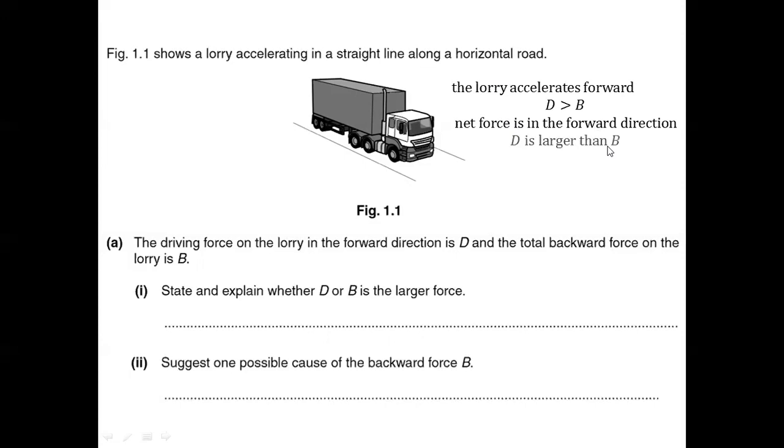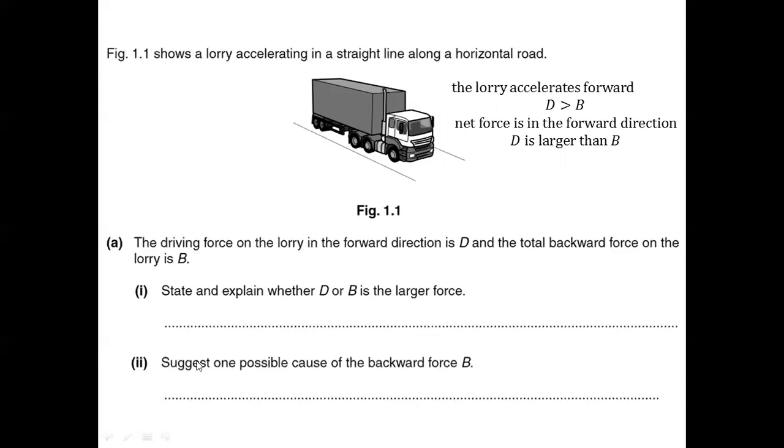This means that D is larger than B. So using that explanation, we can say that the forward driving force is larger than the backward force. We can base it on the acceleration or on the net force. By the way, the acceleration we're referring to is the net acceleration of the lorry.